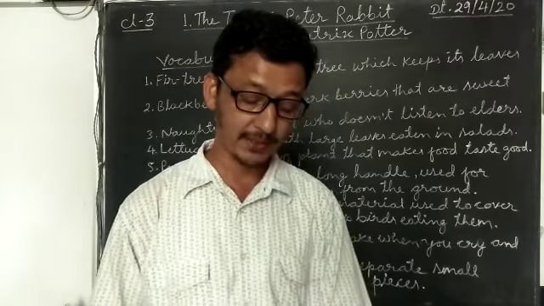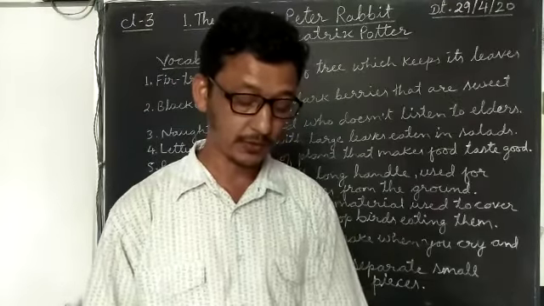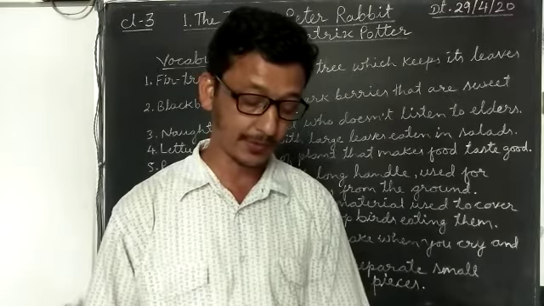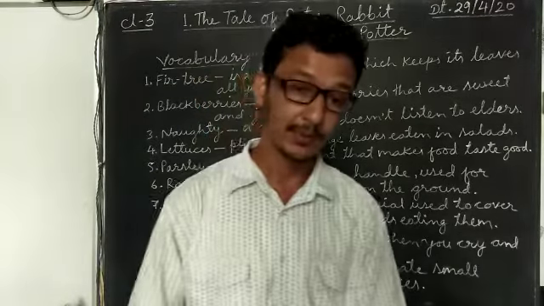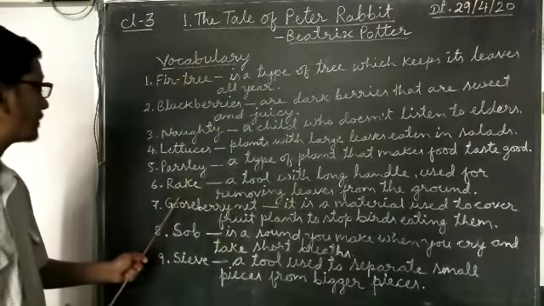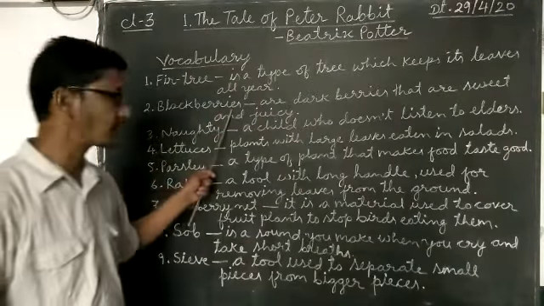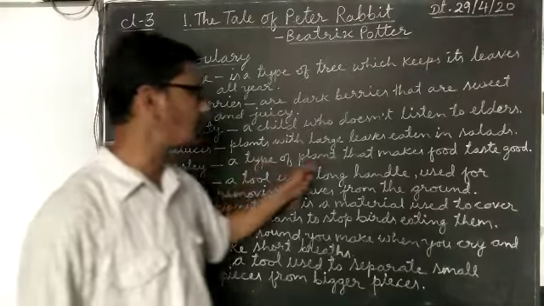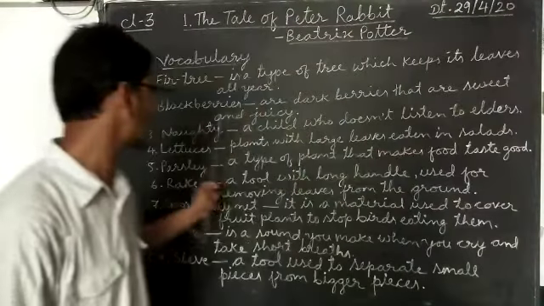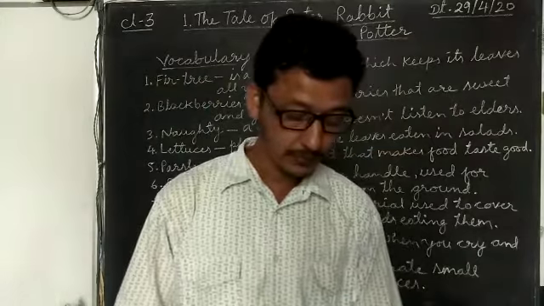Flopsy, Mopsy, and Cottontail, who were good little bunnies, went down the lane to gather berries, that is blackberries. Now, what are blackberries? Dark berries that are sweet and juicy.